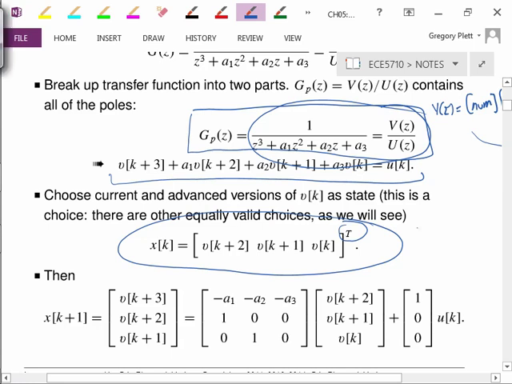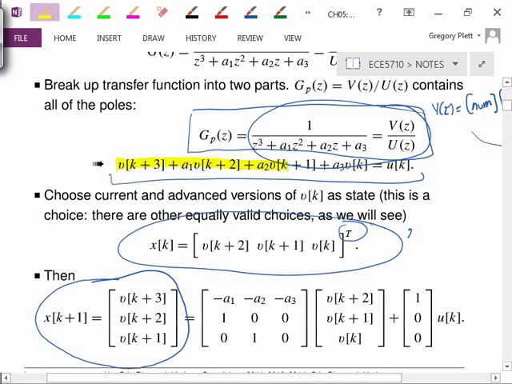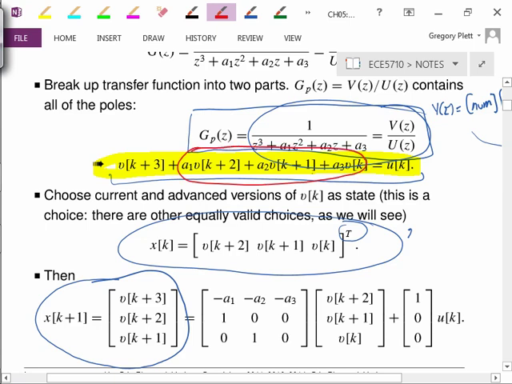If that is x of k, then x of k plus 1 is this. Just add 1 to the k in there, so it becomes v of k plus 3, then plus 2, then plus 1. And looking at this expression, I can move all of that over to this side and get an equation for v of k plus 3.